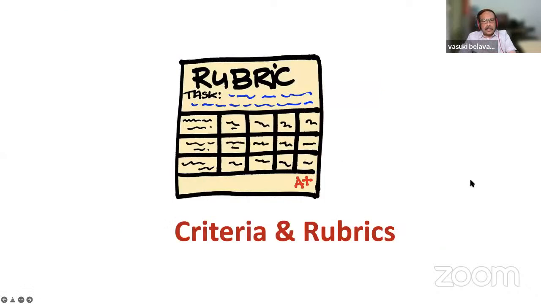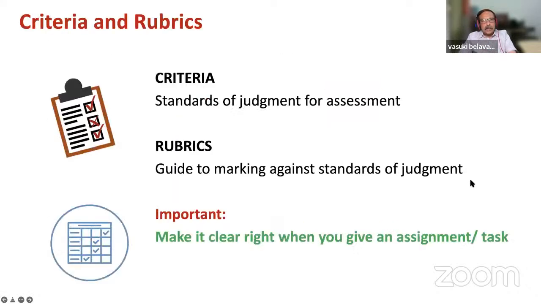Criteria and rubrics. What are criteria and rubrics? Criteria are basically the standards of judgment that we use to assess students. Now, this may sound very vague, this may sound very complex initially, but as we go along, it will become clearer to all of us.